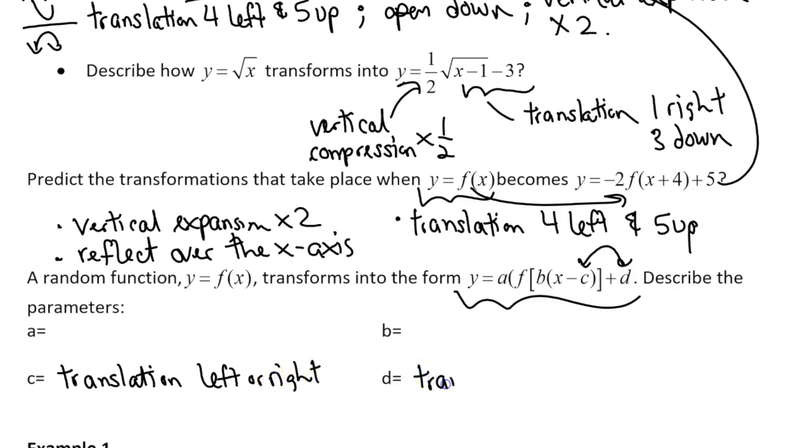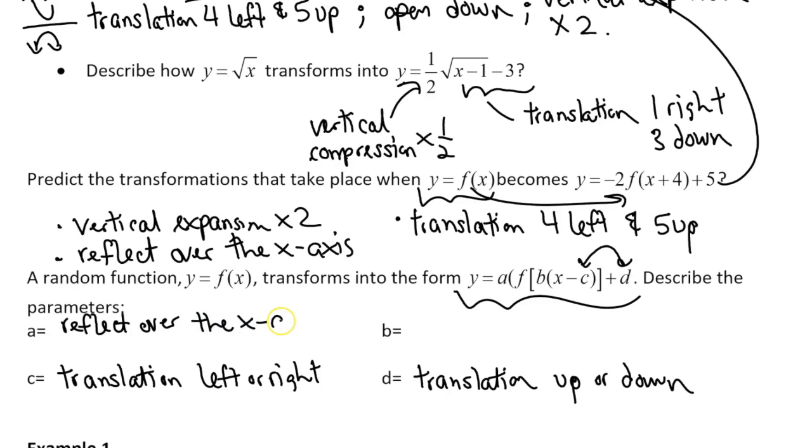D is going to represent our translation up or down. A was representing, well, it would tell us if we reflect over the x-axis, and then it would also tell us if we had any sort of vertical expansion or compression.